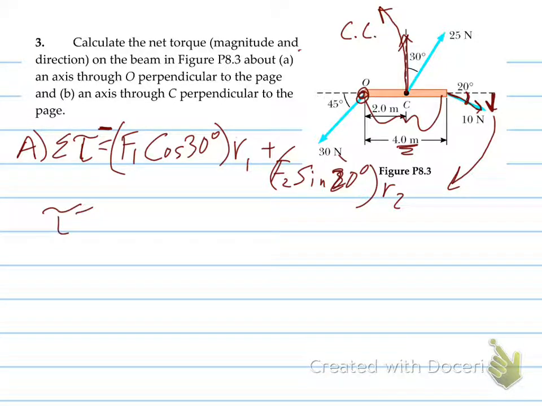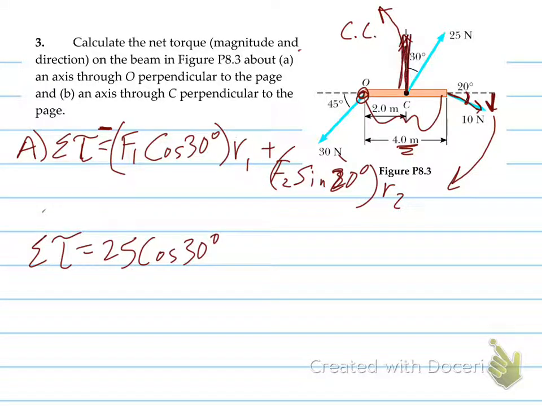So really we're just going to plug in our numbers. The sum of the torques is equal to F1, which is 25, times cosine 30, so we have this component that's perpendicular to our beam, and then we multiply it by its distance away from the point of rotation, which is given here as 2 meters.